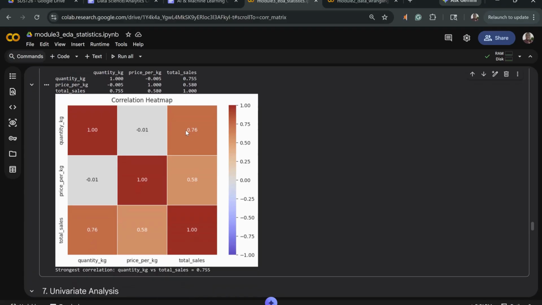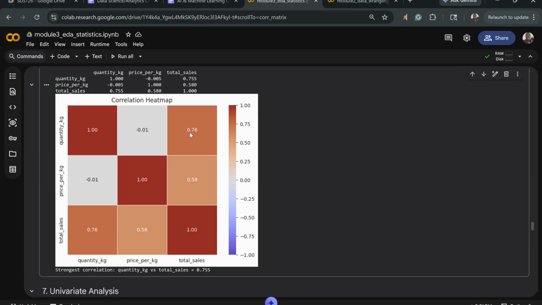This is a very strong positive correlation. That means the quantity of this product has a direct positive correlation with total sales. When the quantity of product increases, it's highly possible that the total sales increases.